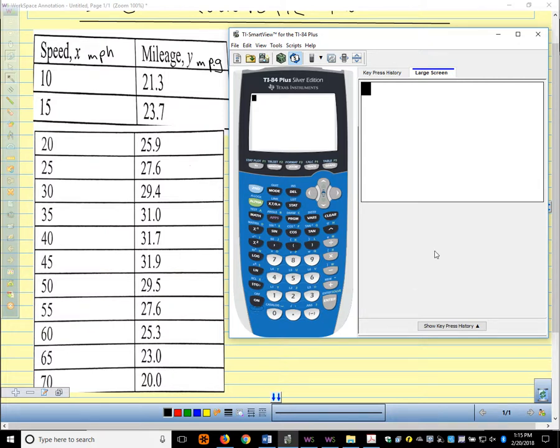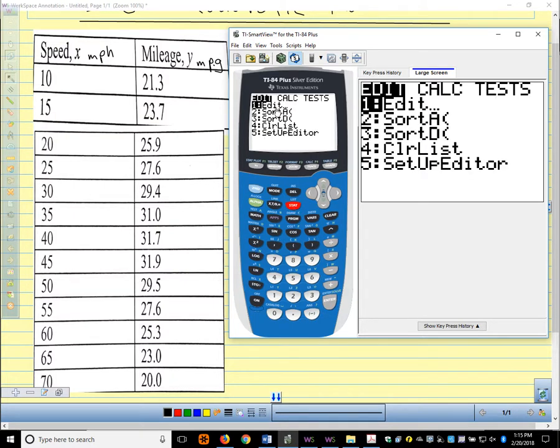All right. And once you have that written down, I'm going to start because it's probably going to take me longer than you. We're going to put this information into our calculator. To put it in our calculator, we're hitting the Stat button, and we want to edit, so I'm going to hit Enter. Put the X's in list 1 and the Y's in list 2.